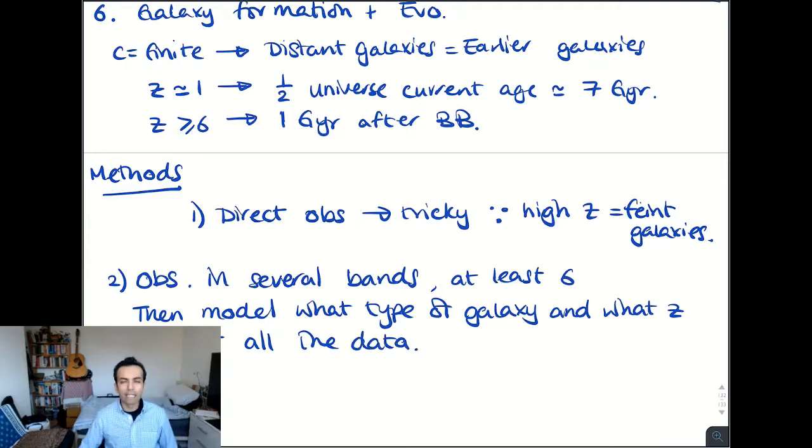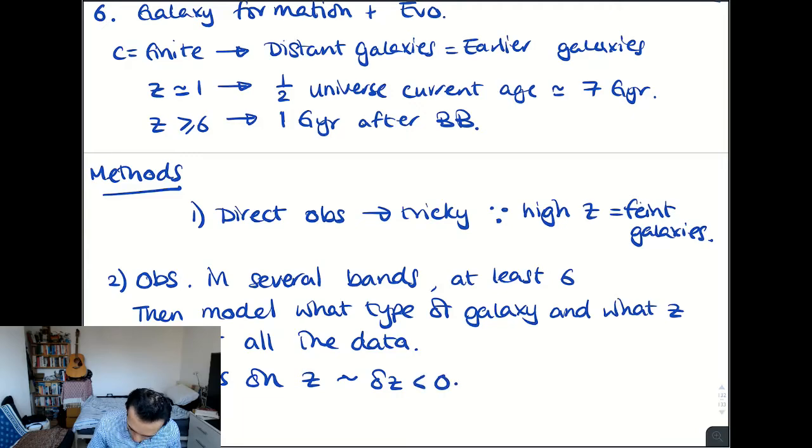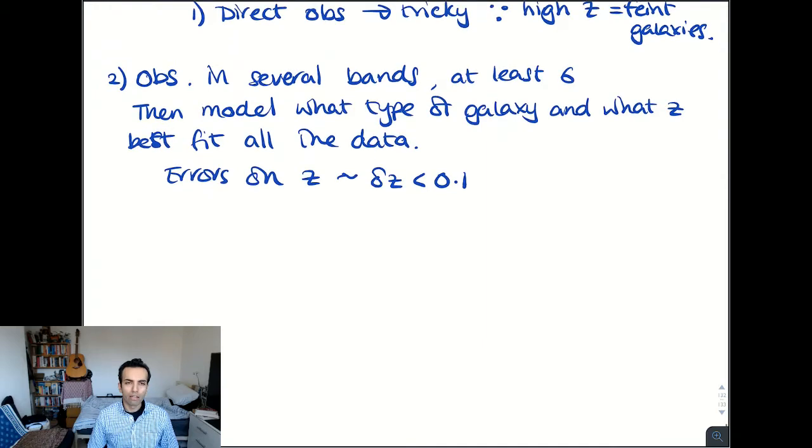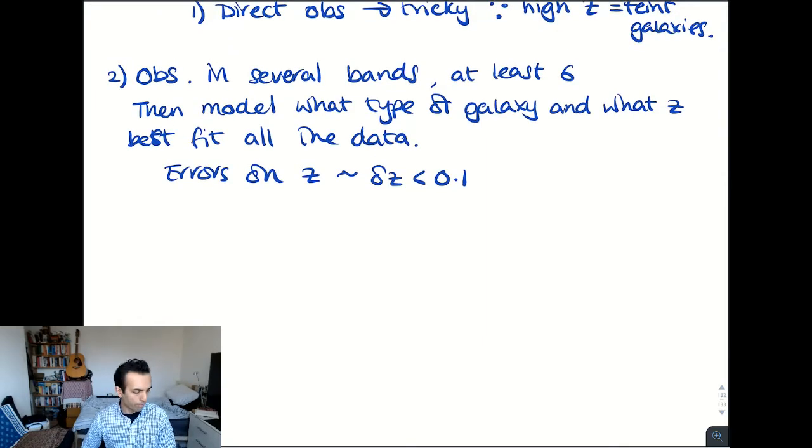Okay, so you can imagine it takes a lot longer to get this data because you have to examine the same patch of the sky using multiple filters, but once you've got that extra data, you can do this kind of analysis. And in terms of modeling the redshift, we think the errors are quite small. The errors on the redshift give a delta z of less than 0.1, which is a pretty good estimate for the errors on the redshift.